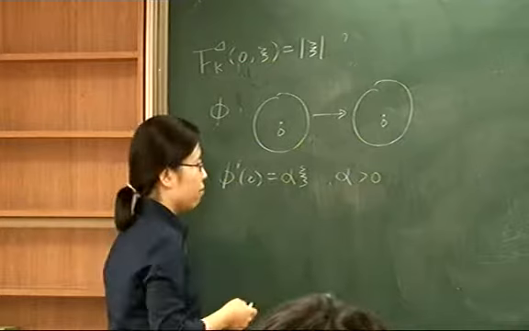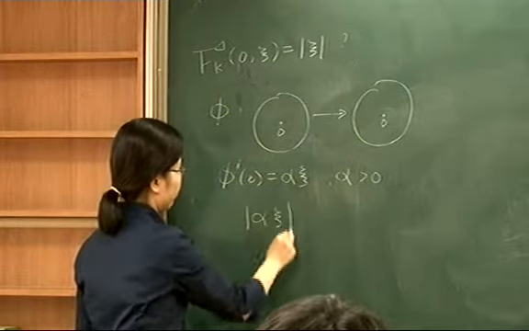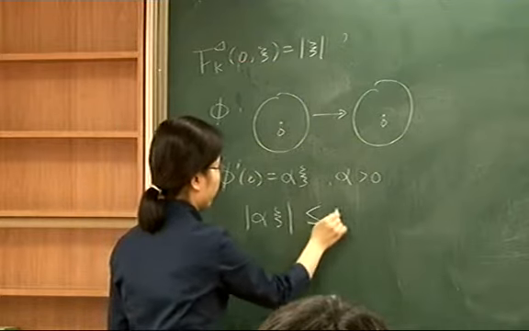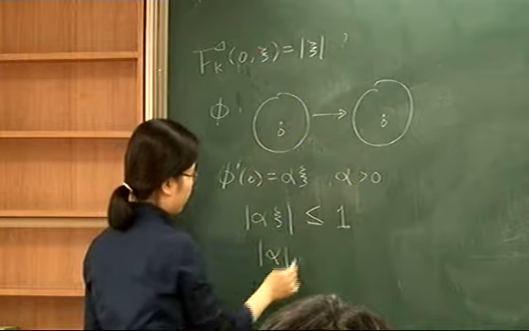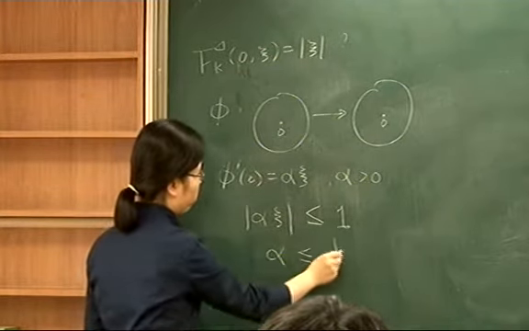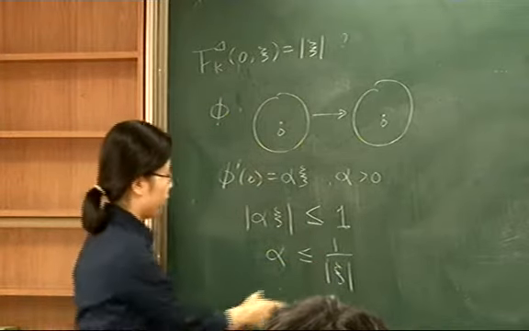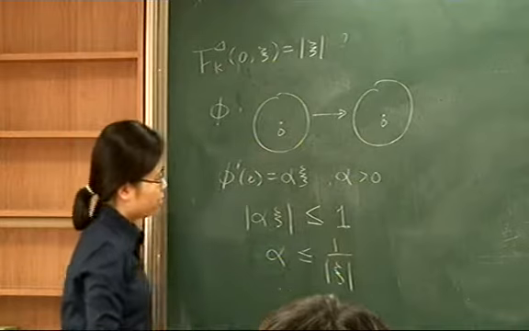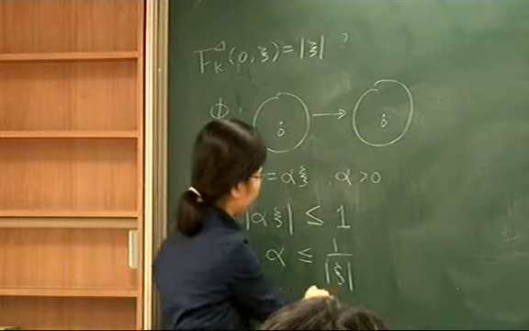Then by the Schwarz lemma, we have α|ξ| is less than or equal to 1. Since α is a positive number, α must be less than 1 over the modulus of ξ. So this is the upper bound for α.